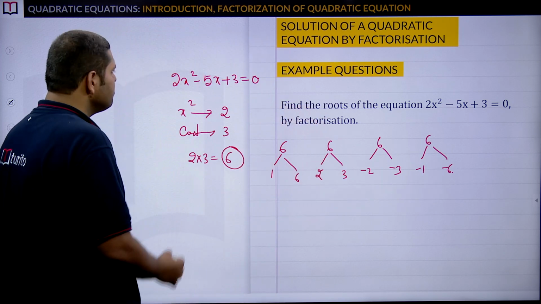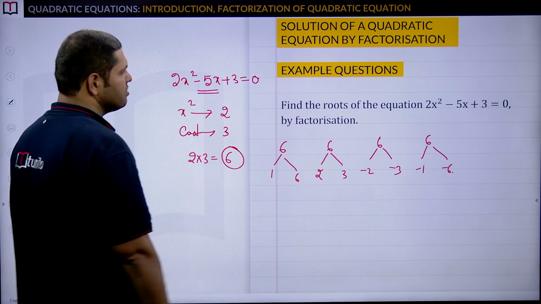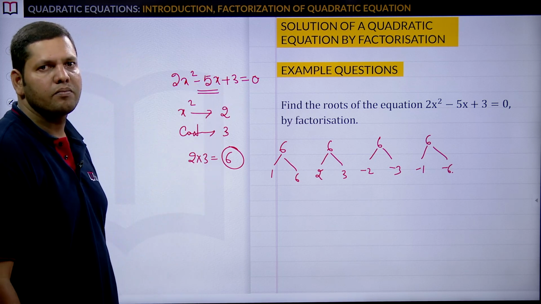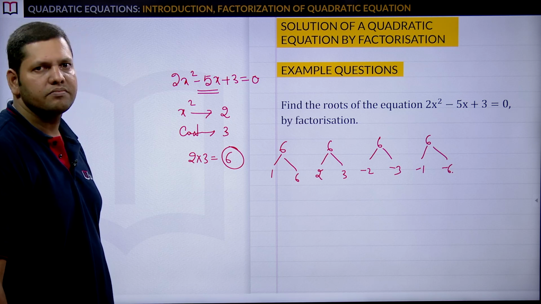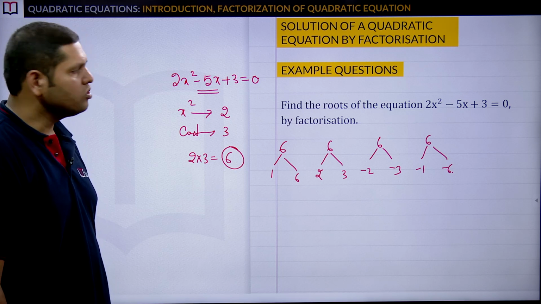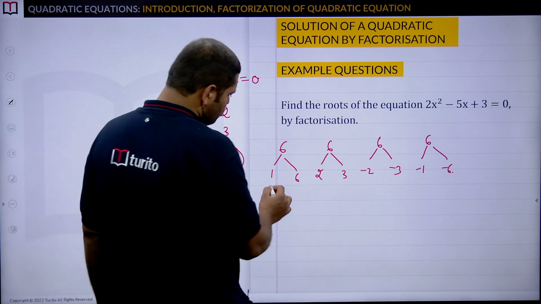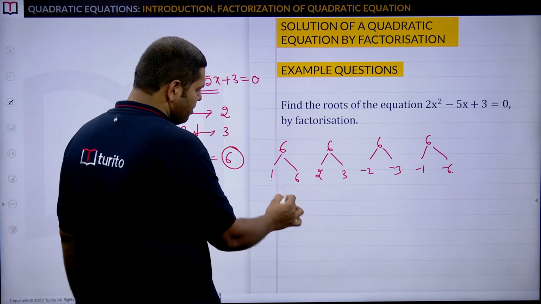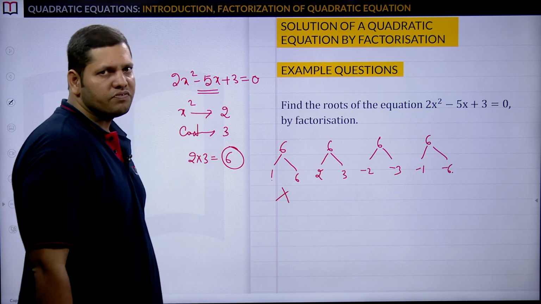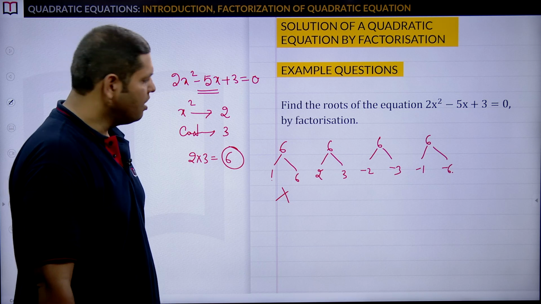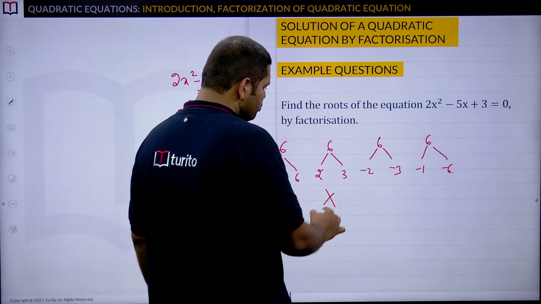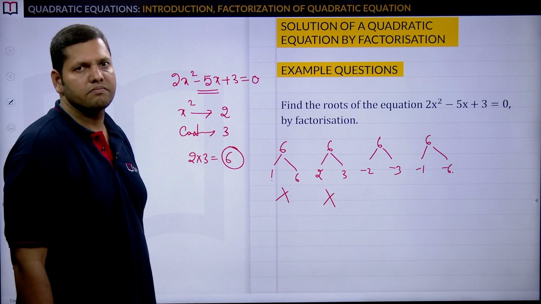But children, look here, this is exactly minus 5x. So minus 5x means, children, add these two: 1 plus 6 is 7, so it fails. I want to get exactly minus 5, but I am getting 7 here, so not satisfied. Next, 2 plus 3 is a positive 5, but I want to get the negative 5.